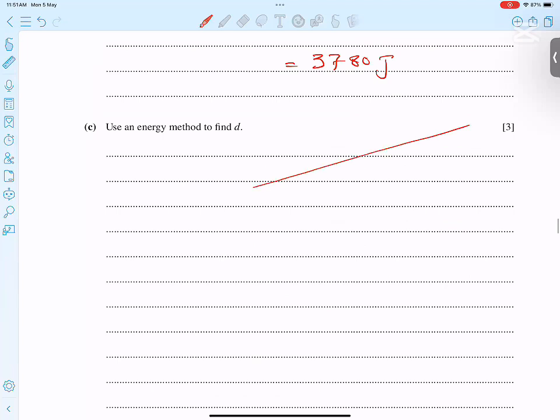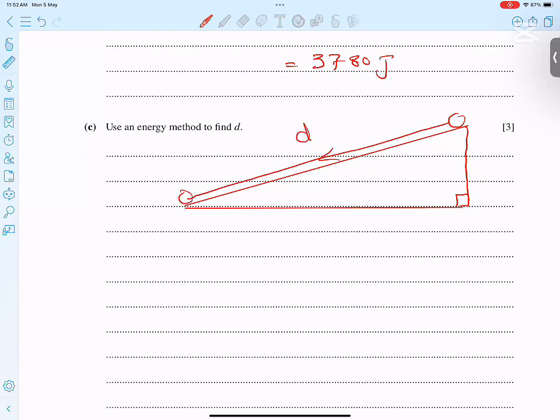So let's discuss the diagram. Students, in a situation like this, this is 90 degrees, and because he's coming from the top, he is coming from top to bottom like this. The distance is d, and the frictional force throughout remains 30.